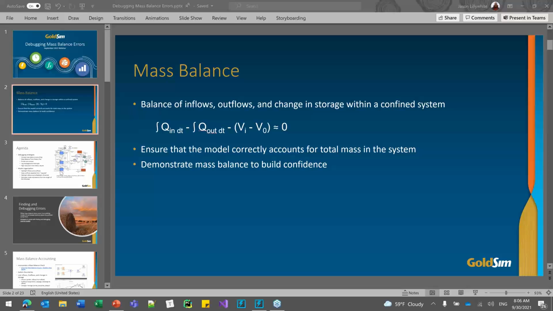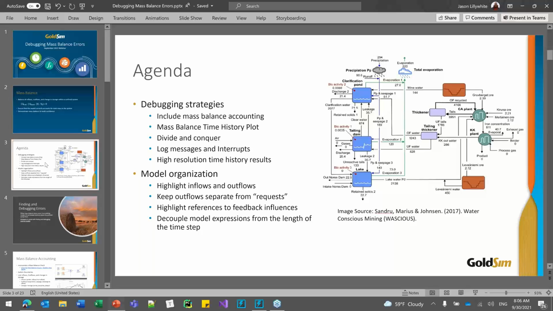That's helpful for us. Okay, so the agenda today, I have the presentation split up into two sections. The first one being strategies to help you with existing models, knowing that while there are certain design ideas for a new model to help a lot with organizing the model in a certain way to facilitate much easier and cleaner accounting of mass, if you're coming at an existing model, it could be quite time consuming to reorganize a model at that point.